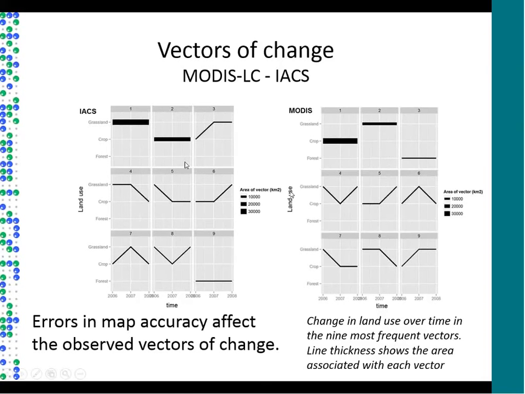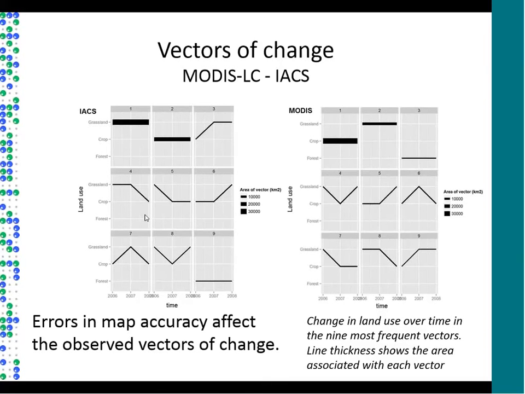And the figures here compare the results for Ajax and MODIS land cover. And it's very clear that the MODIS-based story of change is totally different from the Ajax-based story of change. And as a result, it will directly feed into wrong CO2 flux estimates.